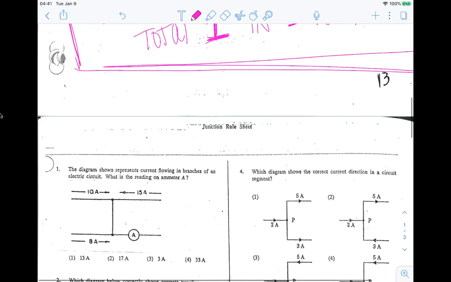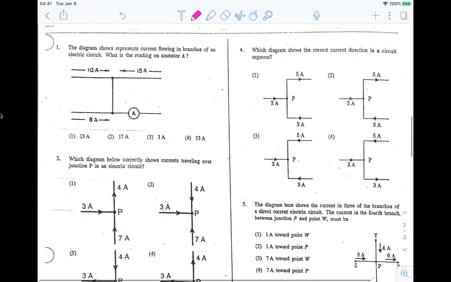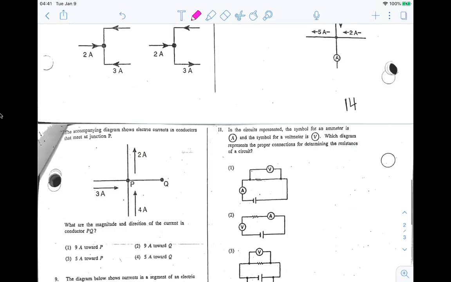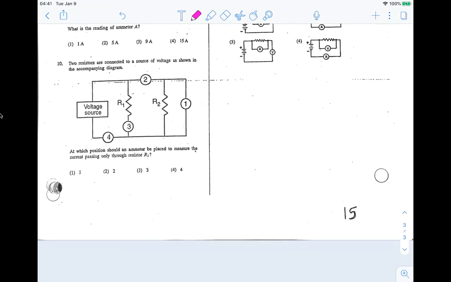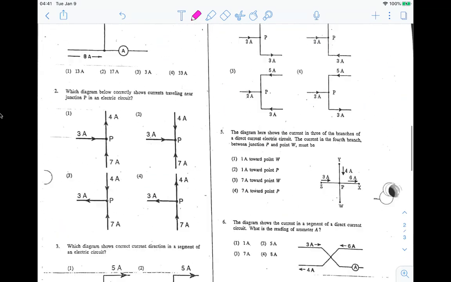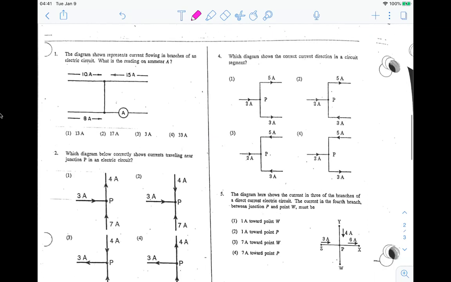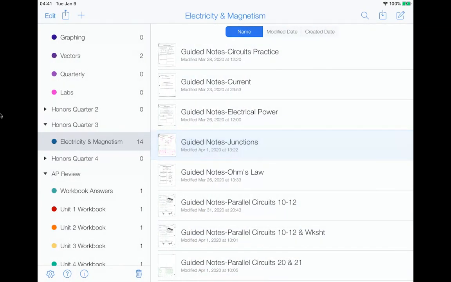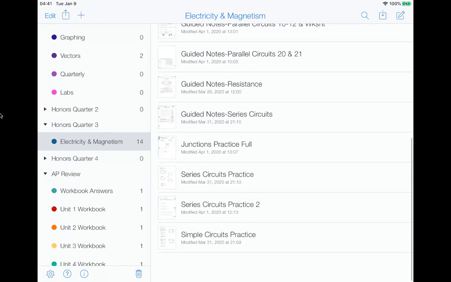If we look at the next page right here, we'll do some of these together. Your homework, actually, I put all of these pages together here. I clicked the wrong one, so bear with me.